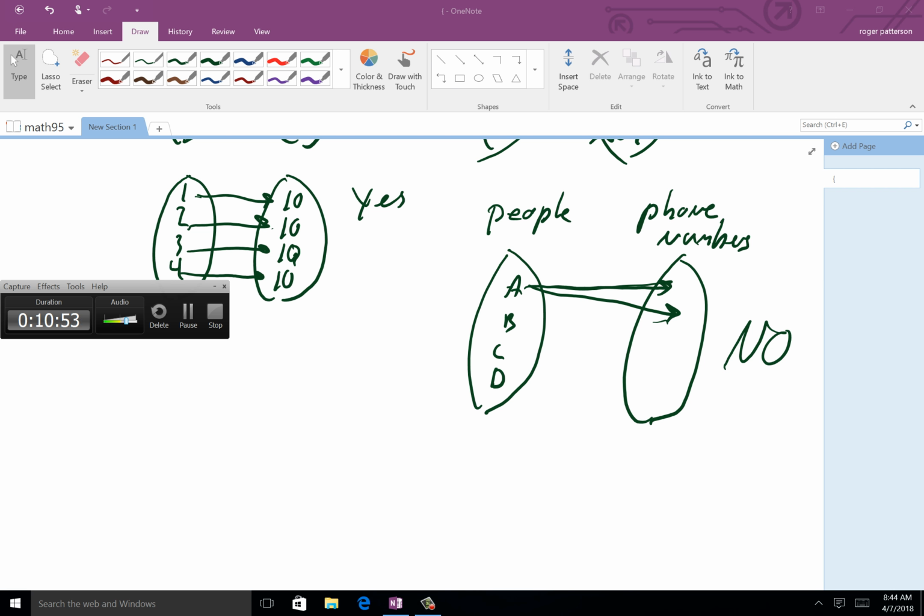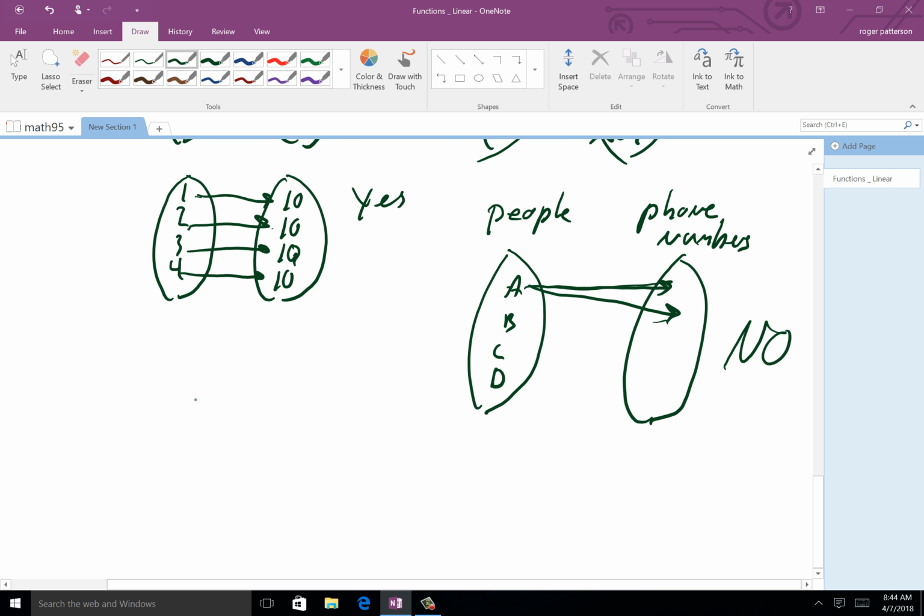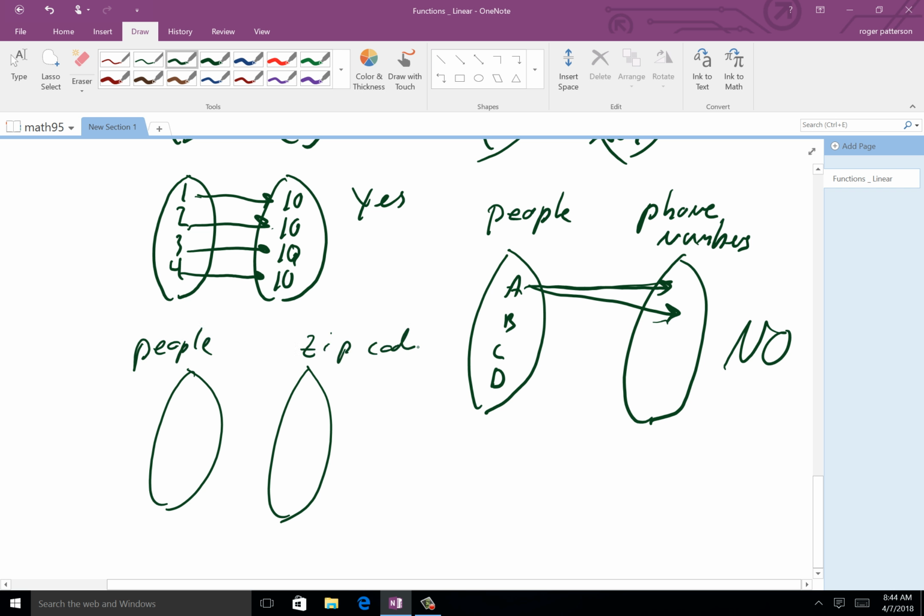Another one would be, I was thinking about this morning. We'll just call it people here right now instead of a residence, and zip codes. A, B, C, D. Now it's possible that they all have the same zip code.